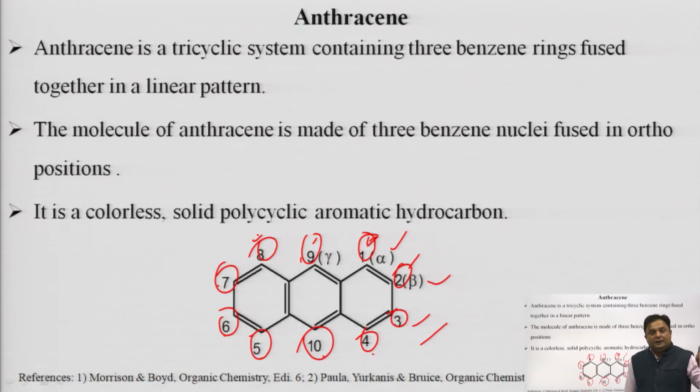So as you can see in the structure, anthracene has 3 types of equivalent carbons.